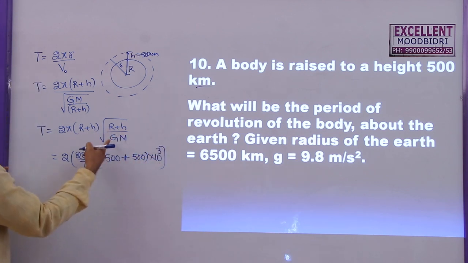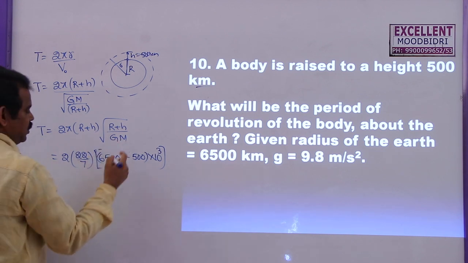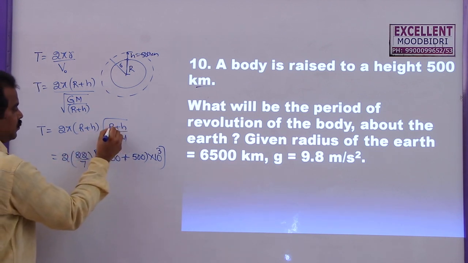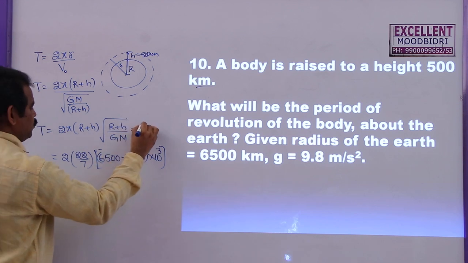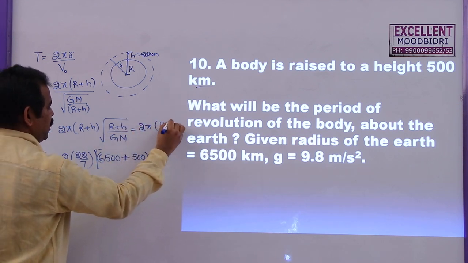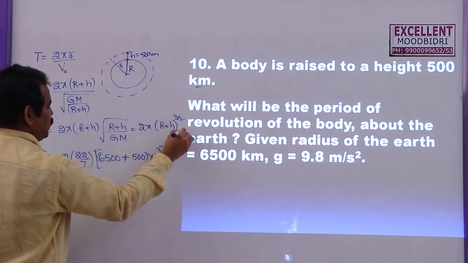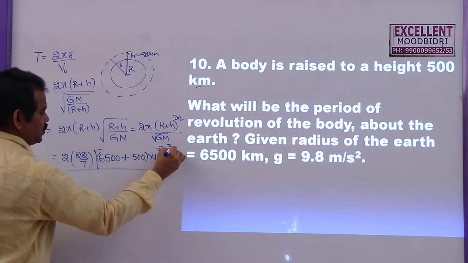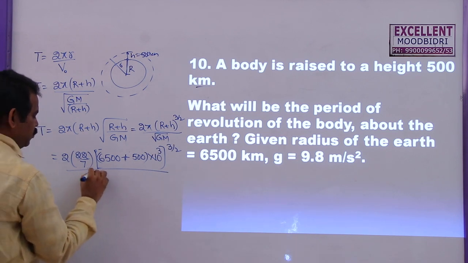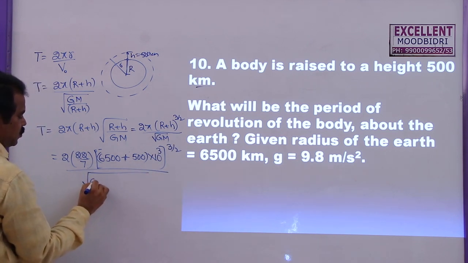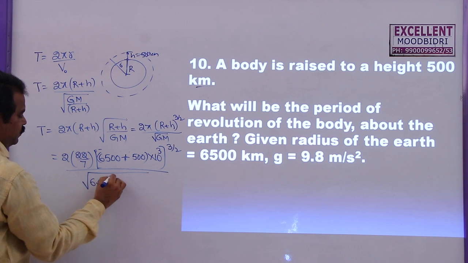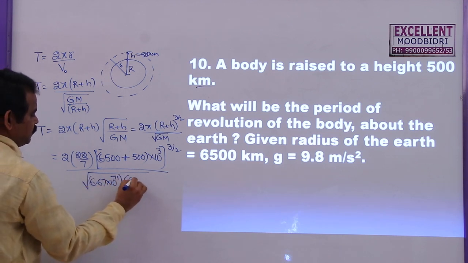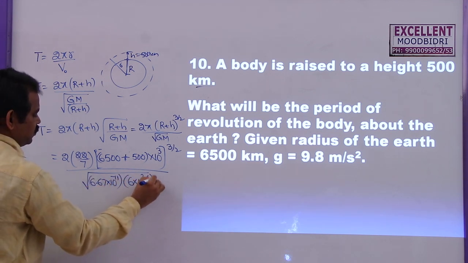Into root over r plus h by GM. So this is r plus h into r plus h whole power 1 by 2. So 2 pi r plus h whole power 3 by 2 by root GM. For G, we have 6.67 into 10 power minus 11 and mass of earth 6 into 10 power 24 kg.